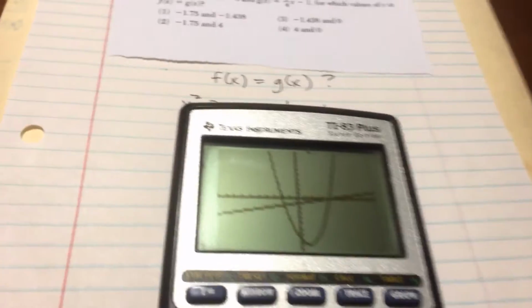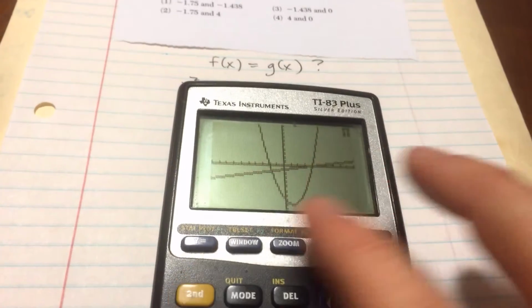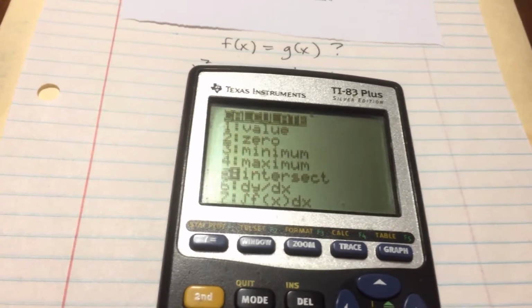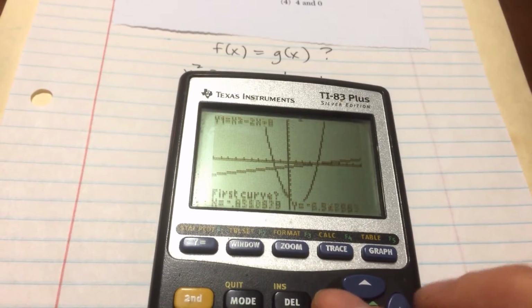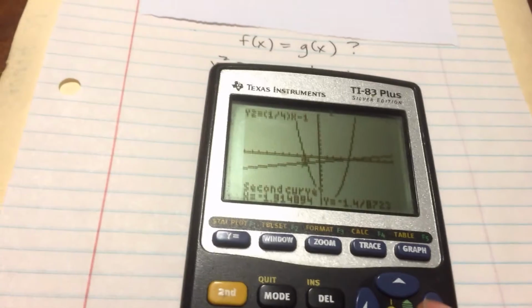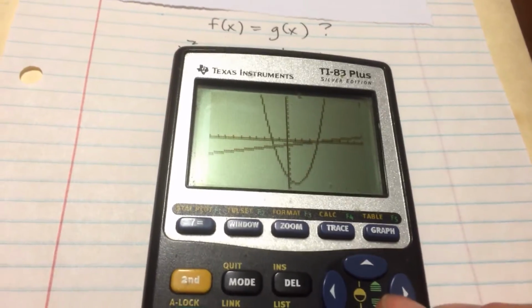I then graph my equations. I'm going to hit second trace, which takes me to the calculate menu. I'm going to look for intersect. I'm going to move my cursor near the first intersection point, hit enter again, and then hit enter on guess.